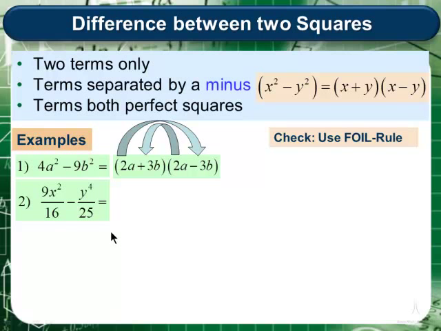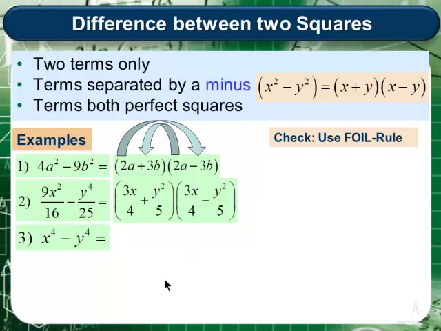Now clearly, applying the rule directly, we have this particular factorization according to the difference between two squares formula. Remember, in one case we have a bracket with a plus, and in the other case a bracket with a negative. Apart from that, the terms in the two brackets will be identical.